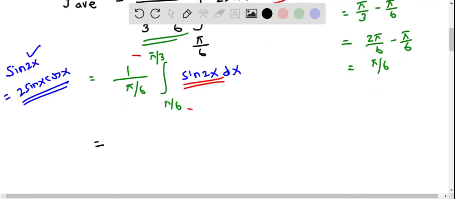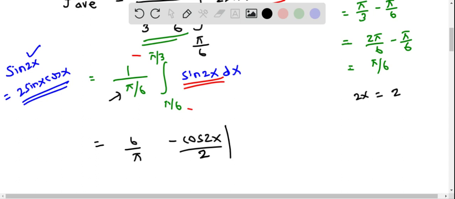So let's continue. We put the reciprocal of pi by 6, which is 6 by pi. And when we integrate sine 2x, we will get negative cos 2x divided by the differential of 2x. The differential of 2x with respect to x is 2. So we put 2 here, and this has to be evaluated from pi by 6 to pi by 3.